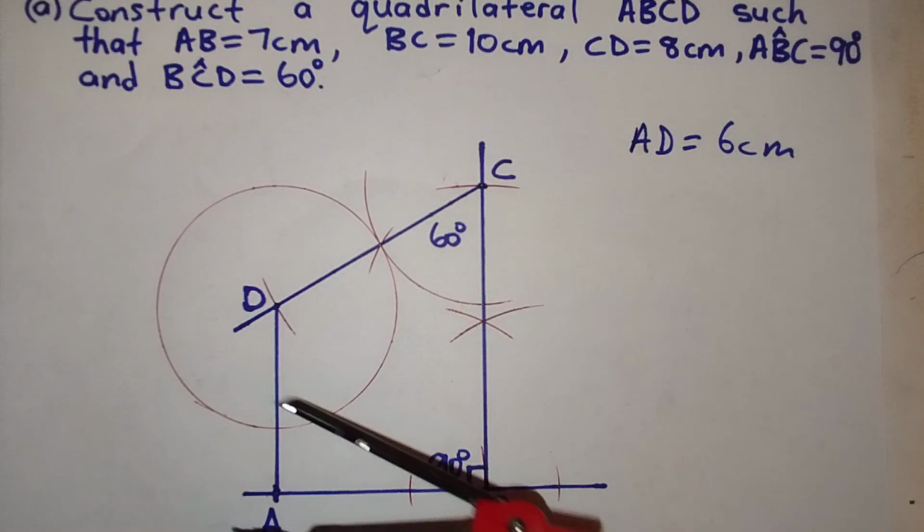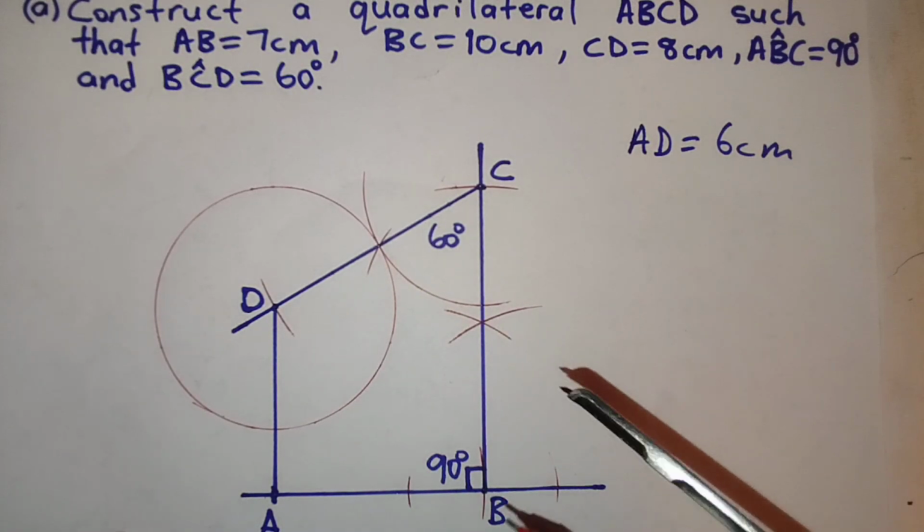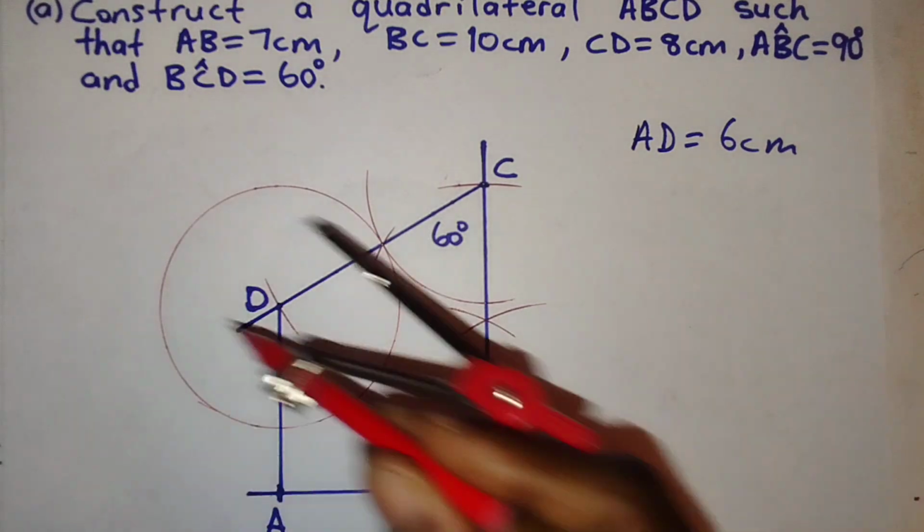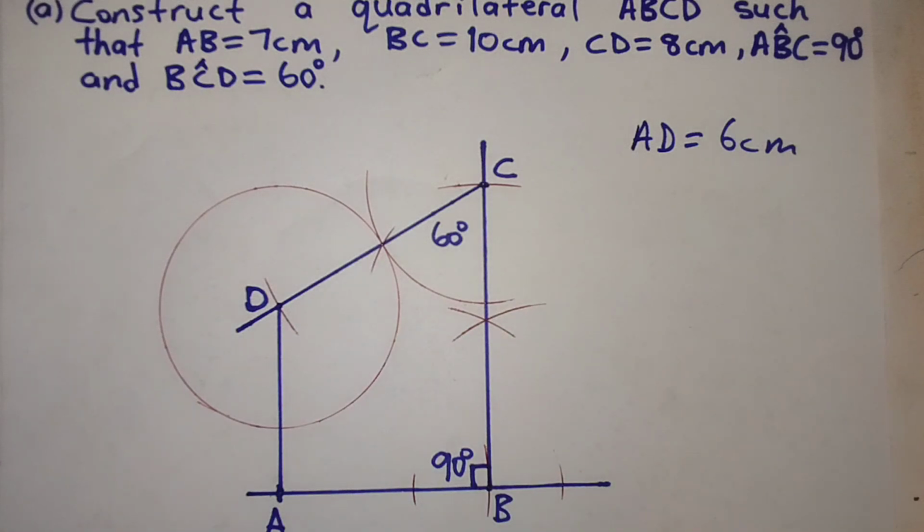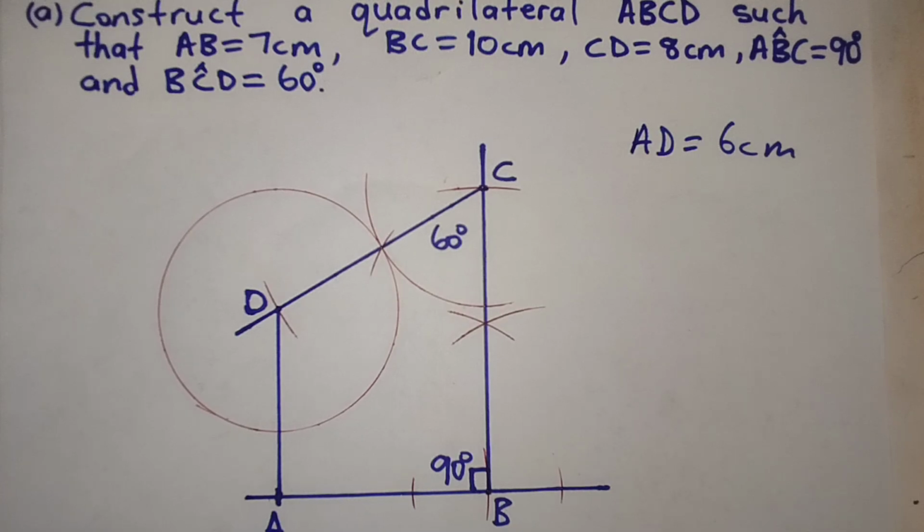Okay, there we are. So the locus of points 4 centimeters from D is just a circle with a radius of 4 centimeters with center D.